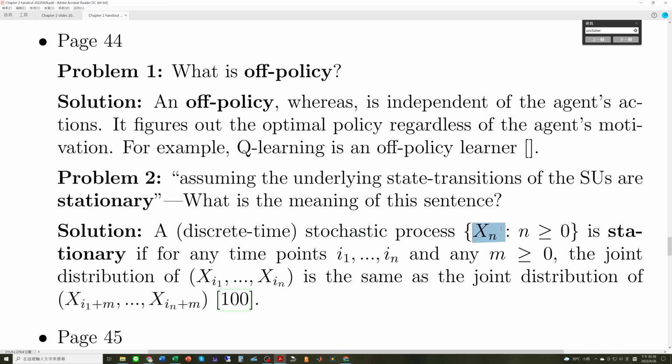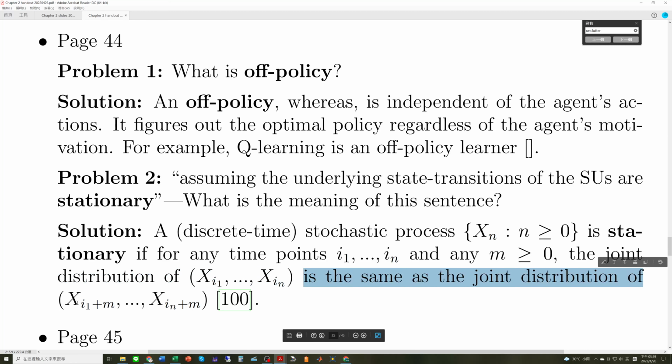X_n, where n is greater than or equal to 0, is stationary if for any time points i_1 to i_n and any m greater than or equal to 0, the joint distribution of X_{i_1} to X_{i_n} is the same as the joint distribution of X_{i_1+m} to X_{i_n+m}.